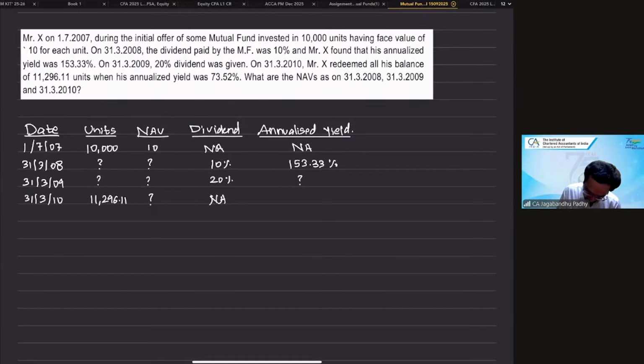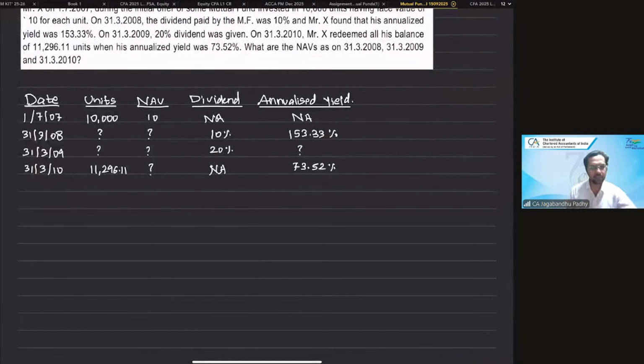But at that time, when we sold it, we earned an annualized yield of 73.52%. So this is the data that we have, and what we need to calculate is the NAV on these dates. We can definitely say, since the number of units have increased, it means the dividends have been given to the investor in the form of new units.